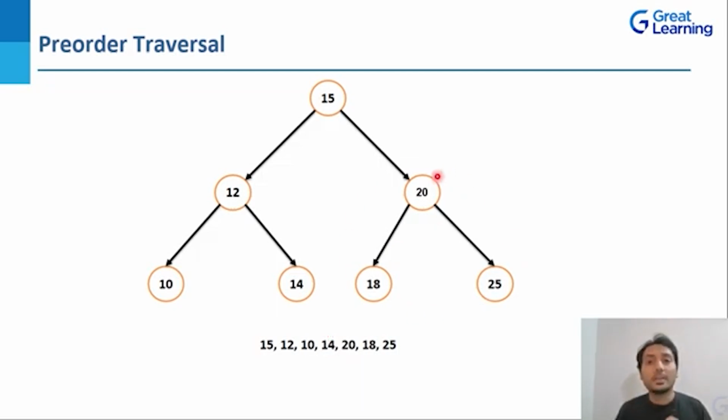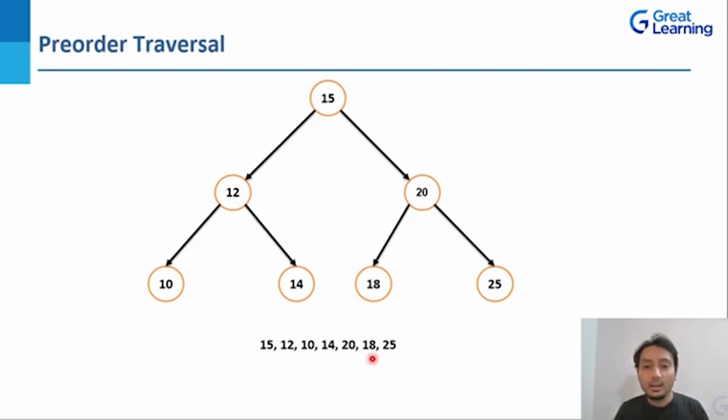The right subtree. So in the right subtree, again we have to apply the same rules and traverse this particular right subtree recursively so that we finally get our pre-order traversed values. So now here if you observe, as a parent we have 20, so I'm listing down 20 here, and then we have 18 as the left child of 20.